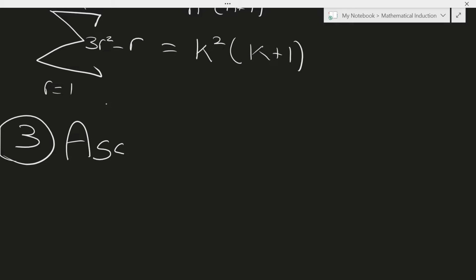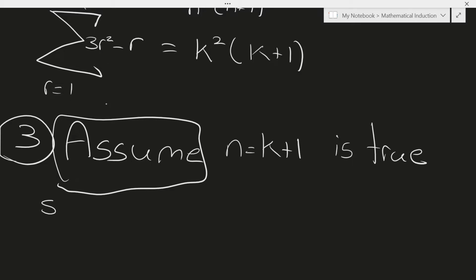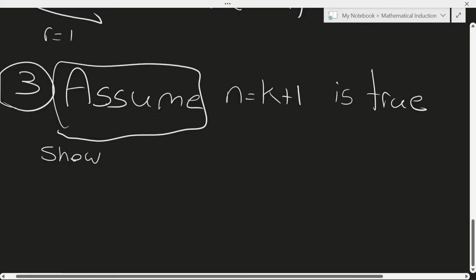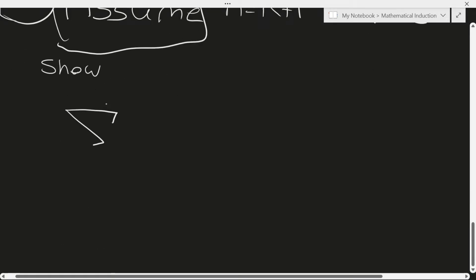So assume n equals k plus 1 is true. And what I was talking about is that this assume, sometimes I see it as show, but I'm not sure which one is really right. So again, wherever we see n, we put k plus 1. There is an n here, so we'll put k plus 1 here.